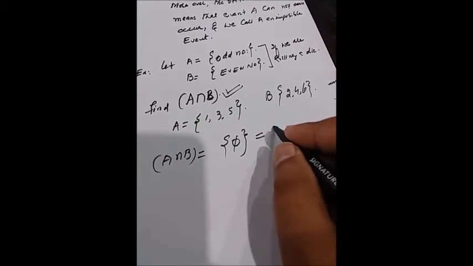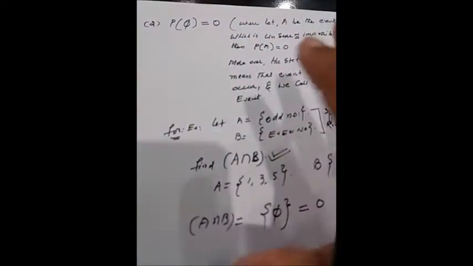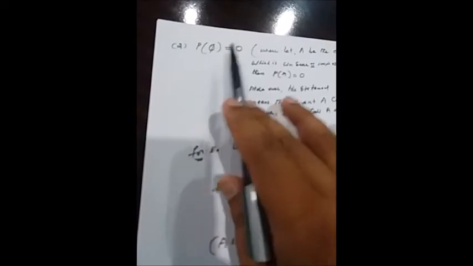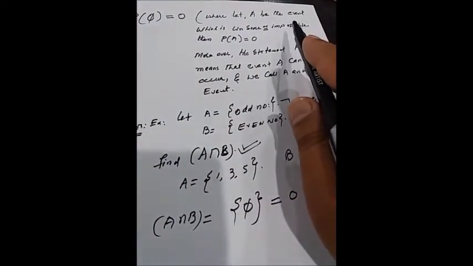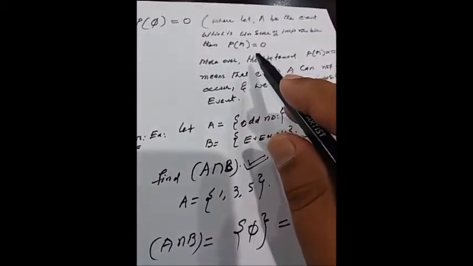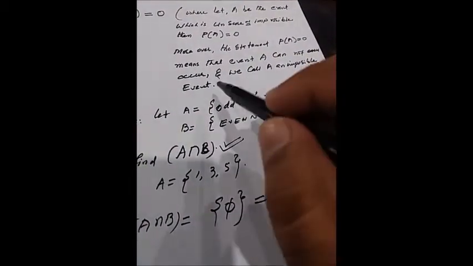The null set always has probability 0. So this is about the second property of an event: the probability of the null set is always 0. Where A is the event which is unsure or impossible, then the probability of A is equal to 0. The statement that probability of A is 0 means that event A cannot occur, and we call it an impossible event, an unsure event.